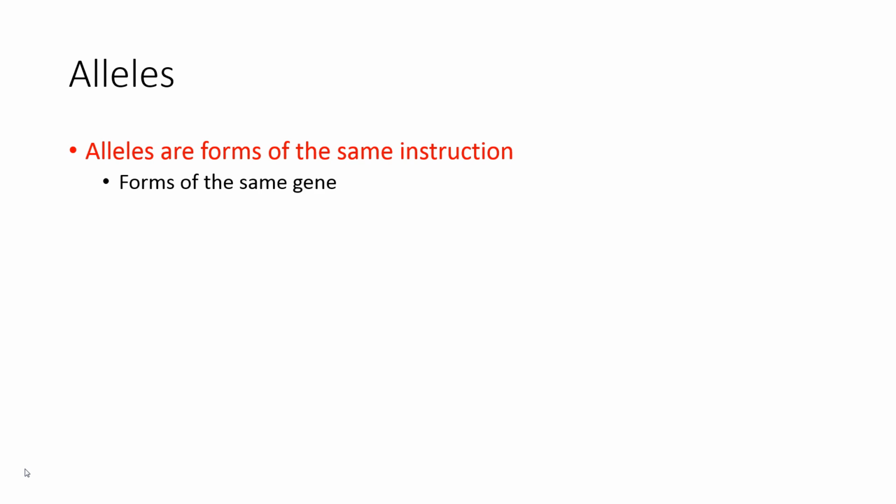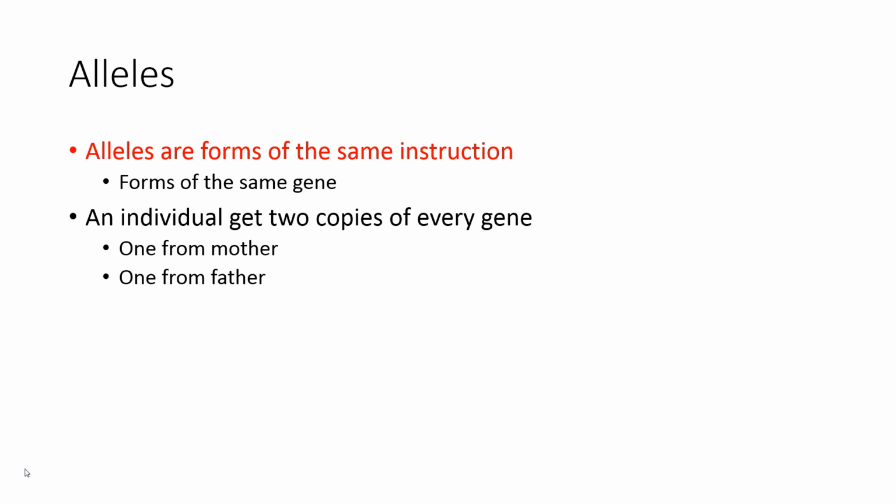All right, new word, alleles. Alleles are different forms of the same instruction. So they're forms of the same gene because the gene is the instruction. An individual will get 2 copies of every gene. They will get 1 copy from their mother and 1 copy from their father.